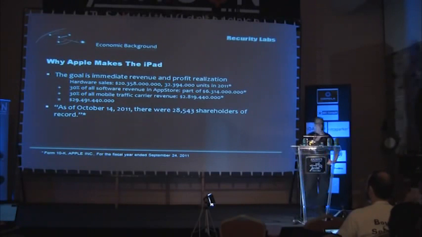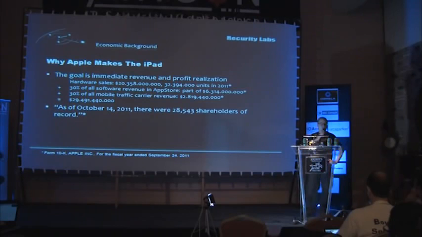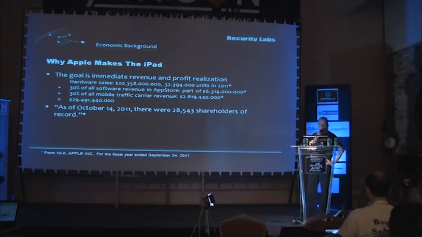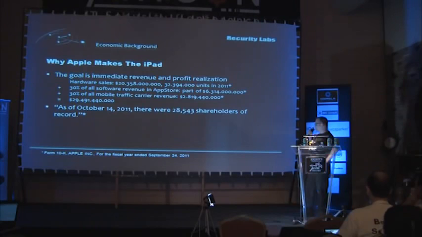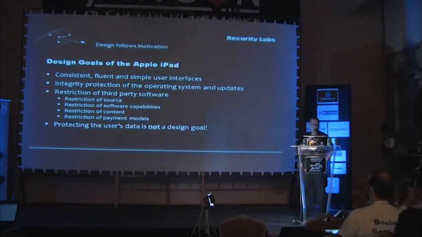And then they take 30% of everything the mobile provider charges you, phone calls, SMS, data. That's another 2.8 billion US dollars. And this goes to Apple. They have short of 30,000 shareholders, but they're not paying dividends, so it all stays in the company. And this is what they built their security model on.